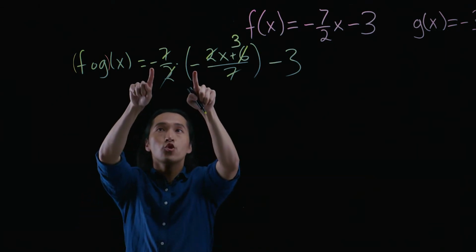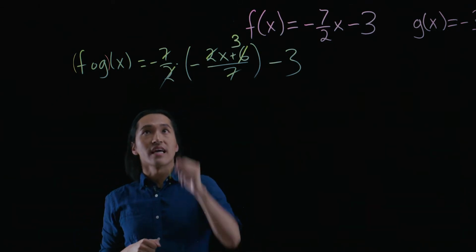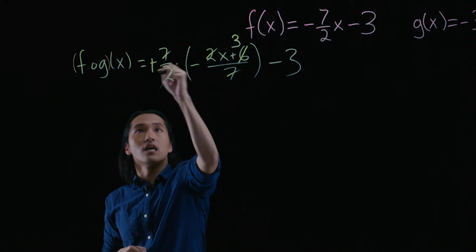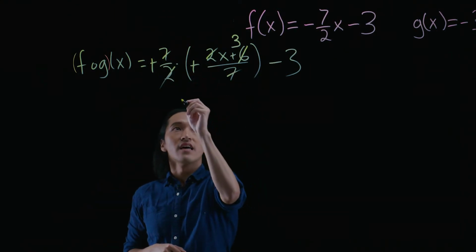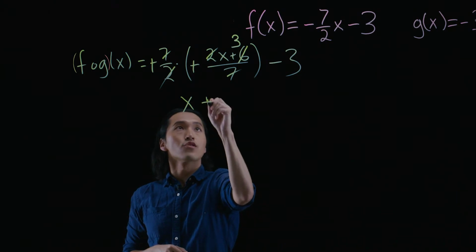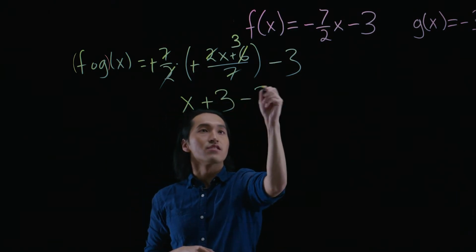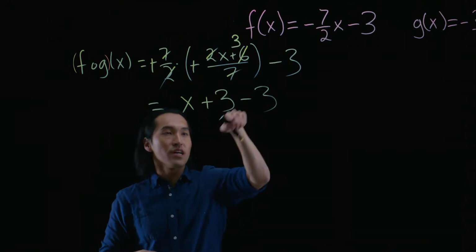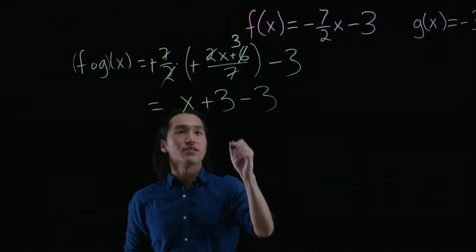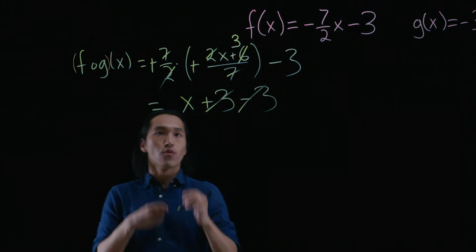In addition, the two negative symbols cancel out, because a negative and a negative become a positive. So what we're left with here is x plus 3 minus 3. Now, the plus 3 and the negative 3 are opposites, so these cancel out. And what are we left with?